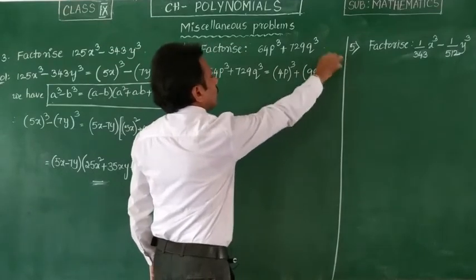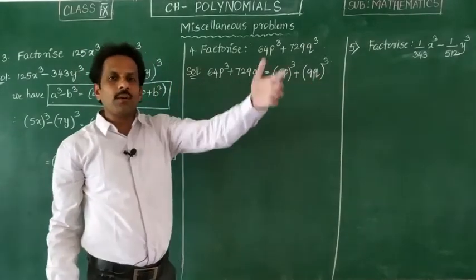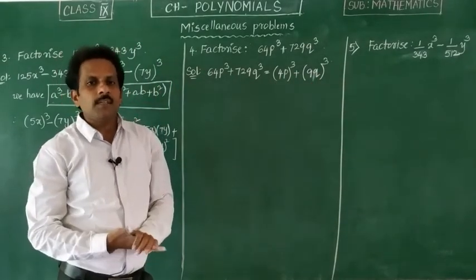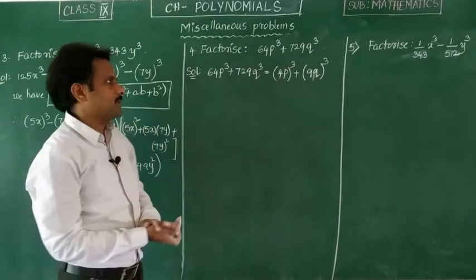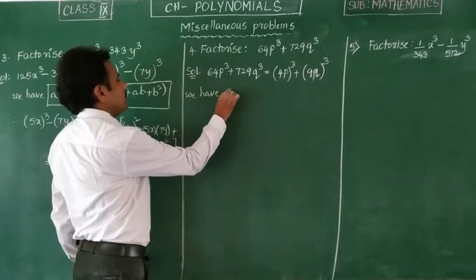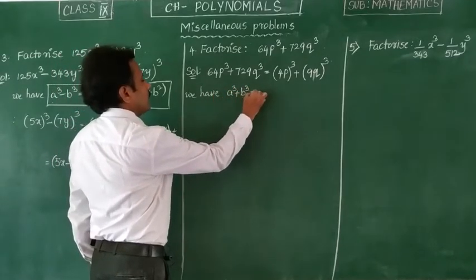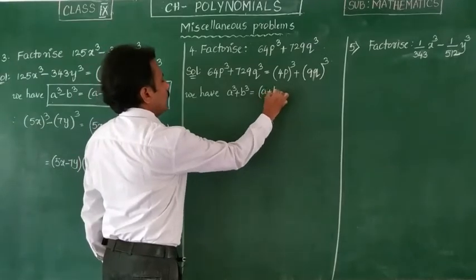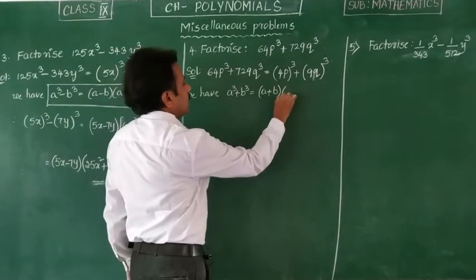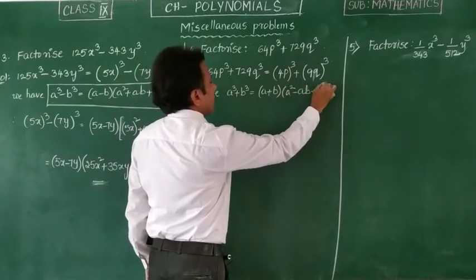Since it is in the form of a cube plus b cube, what is the product form of a cube plus b cube? A plus b into a square minus ab plus b square. So let us apply that. We have a cube plus b cube equals a plus b multiplied by a square minus ab plus b square.